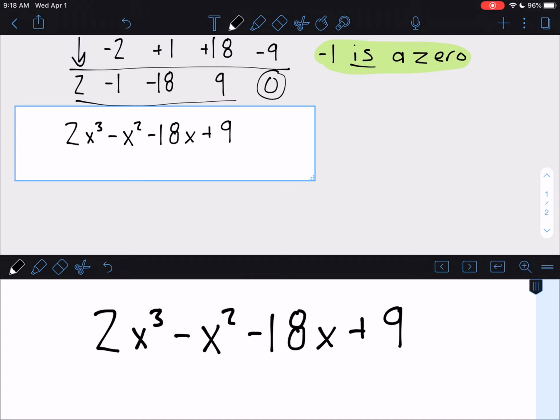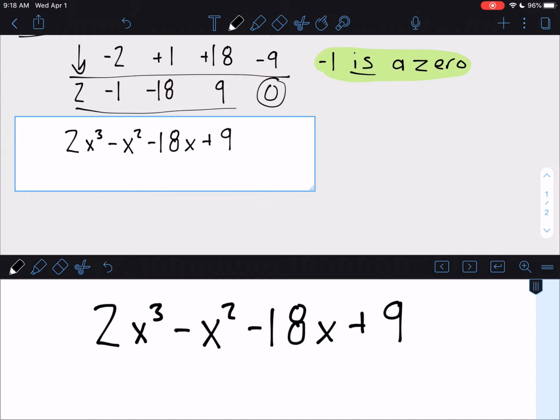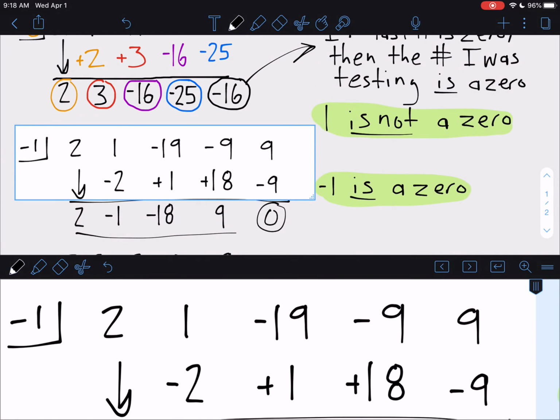And instead of finding the zeros of the previous polynomial, I'm going to do this one because it has fewer numbers and it's just going to be easier to work with. I can only do this once I get 0 as that last number there. So I now have 2, negative 1, negative 18, and 9. And so this is what the polynomial would have looked like if negative 1 hadn't been a 0.